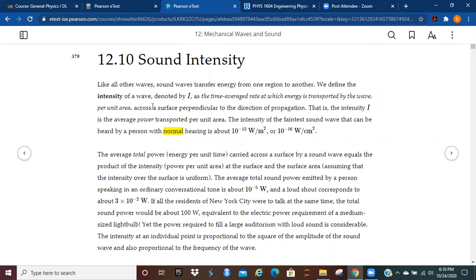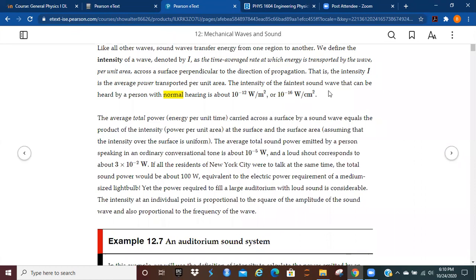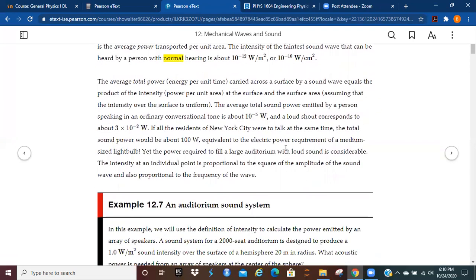So we define the intensity of a wave as the time averaged rate at which energy is transported by the wave per unit area across a surface perpendicular to the direction of propagation. That is, the intensity is the average power transported per unit area. The intensity of the faintest sound wave that can be heard by a person with normal hearing is this. So that's sort of where we set the bar.